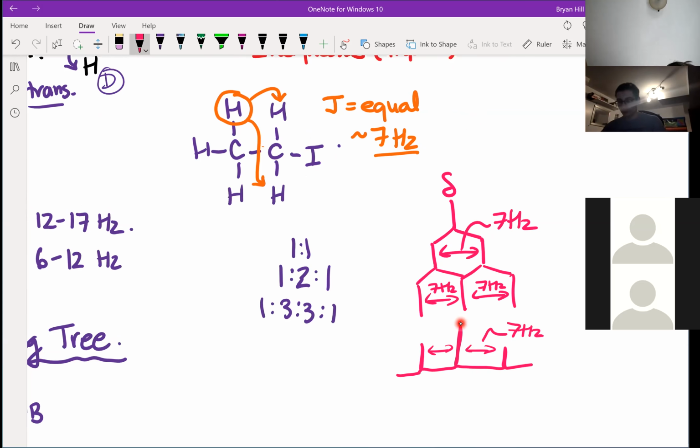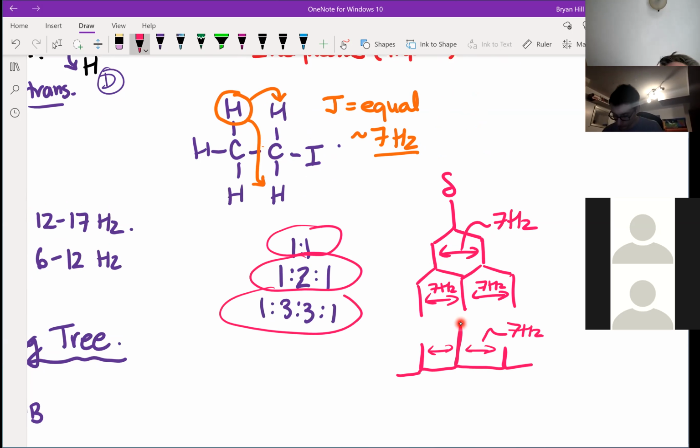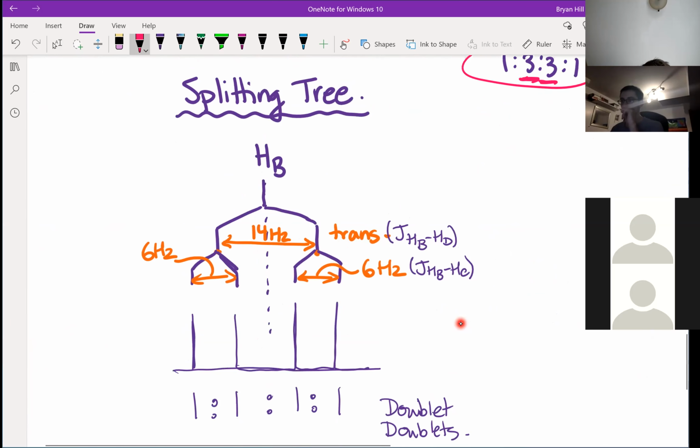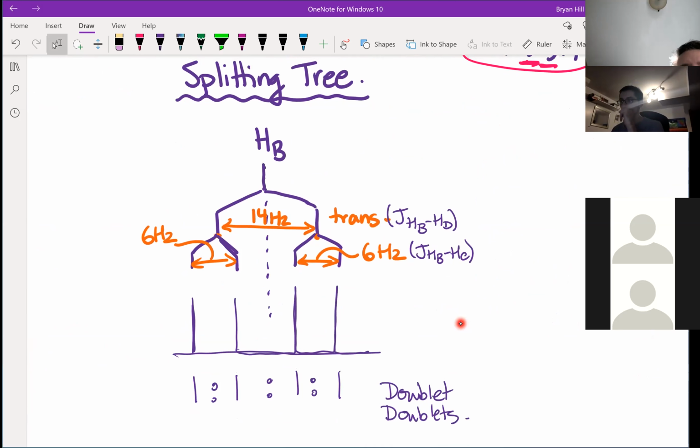So for all of these Pascal triangle sort of things, it is a splitting tree, but the peaks that are higher than 1 are reinforced multiple times. So this is what happens when you've got protons that are split by multiple protons that have different coupling constants.